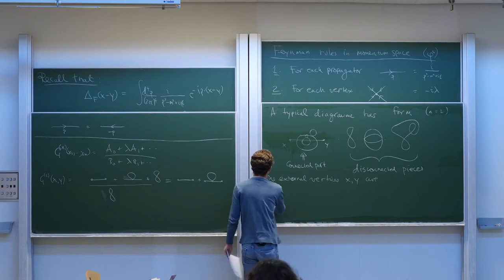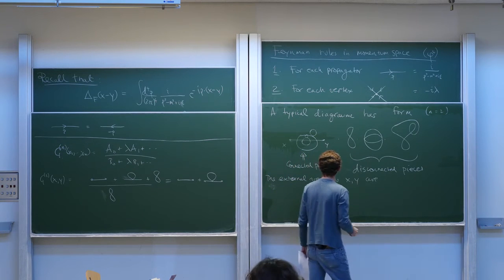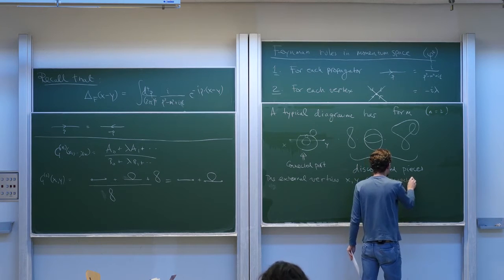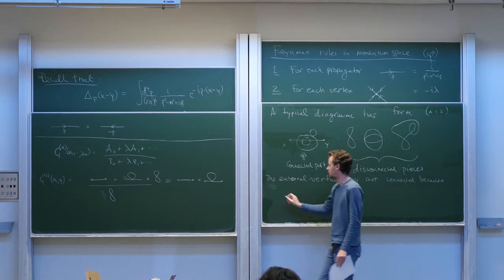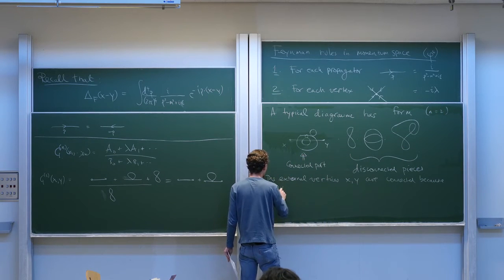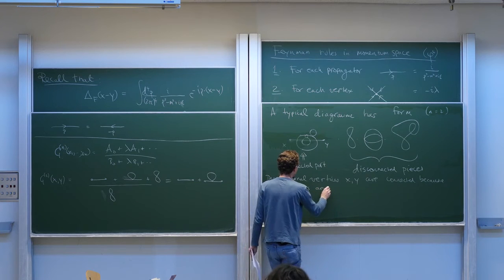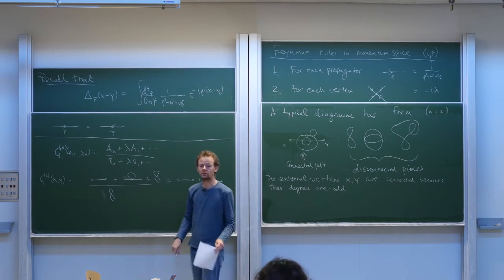Well, at least in the phi-squared case, that's impossible. The two external vertices x and y are always connected, and the reason is that their degree is odd.